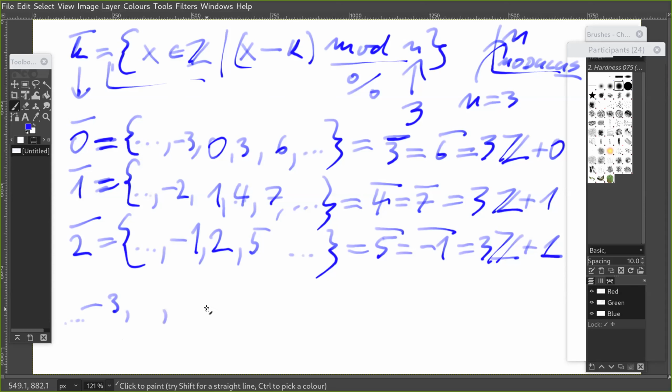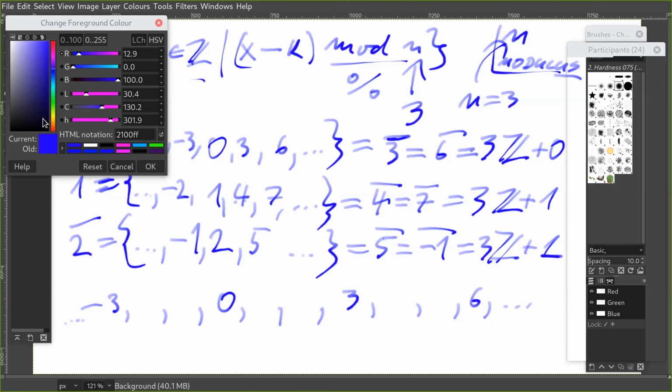So -2 will be here, -1 will be here, 0 is here, 1, 2, 3 is here, 4, 5. I think, wait, not 4, 3, 4, 5, and 6 would be here, right? And continue like so.